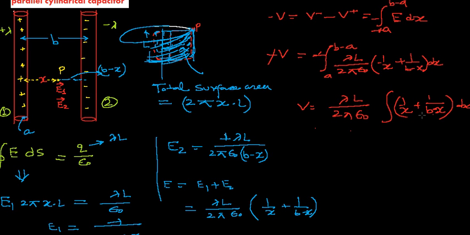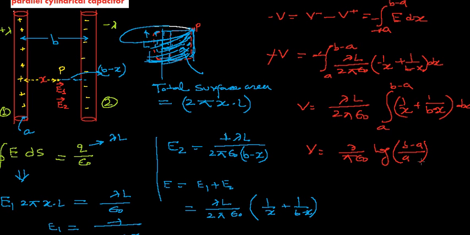Now the integration is from a to b minus a. You do this integration, and you will get V equal to lambda by pi epsilon naught log of b minus a divided by a.